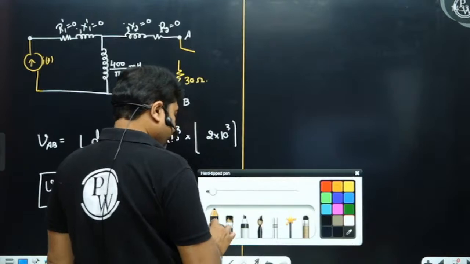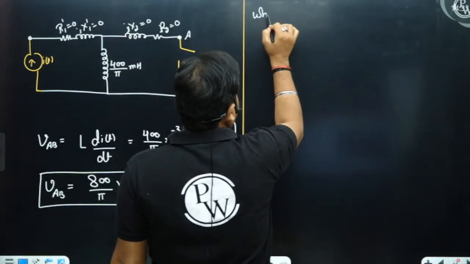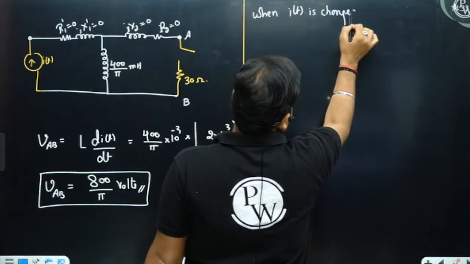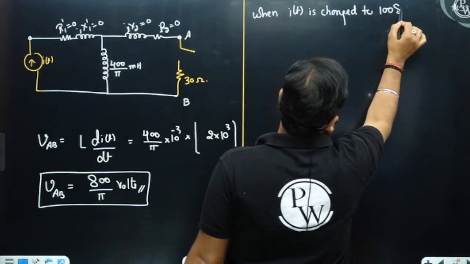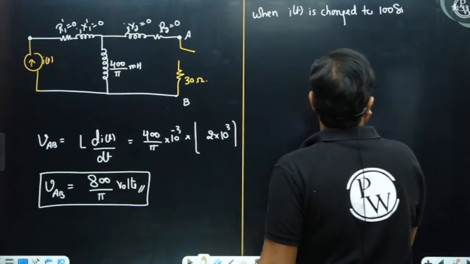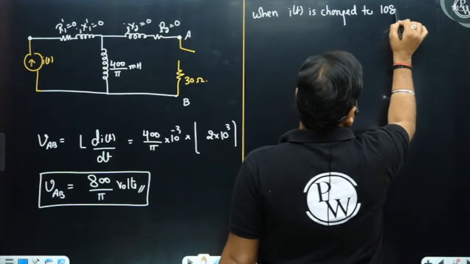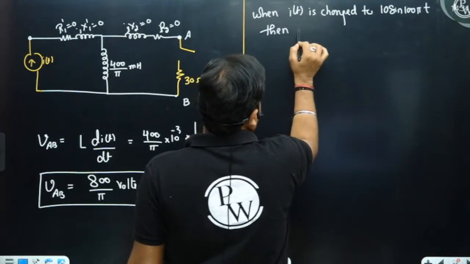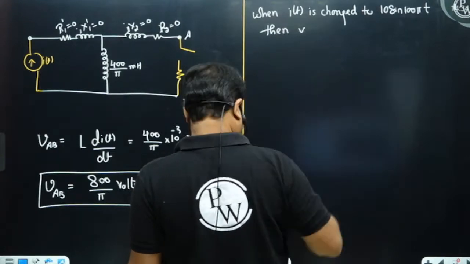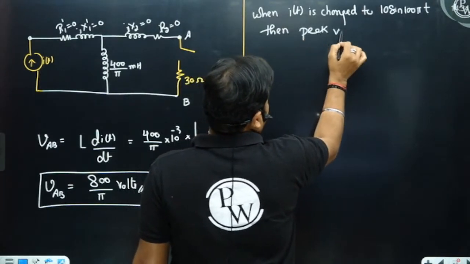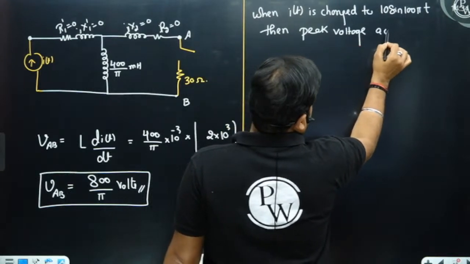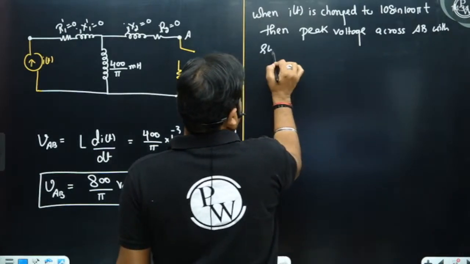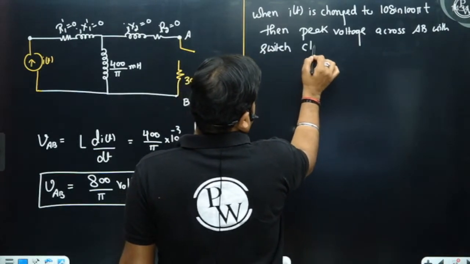There is one more part. When IT is changed to 10 sine 100 pi t, then what is the peak voltage across AB with switch closed?